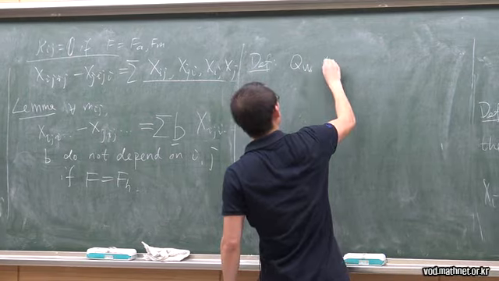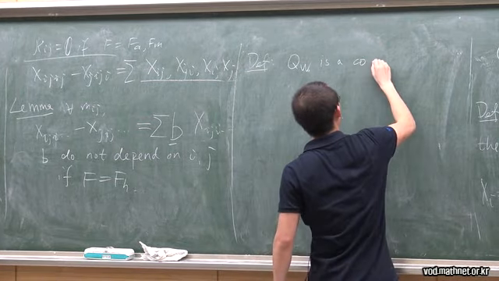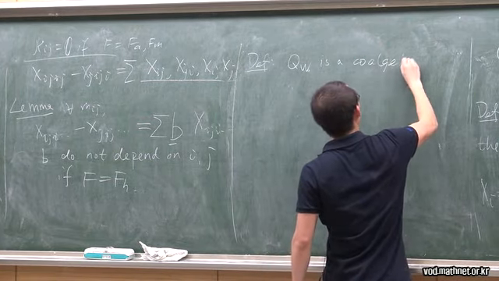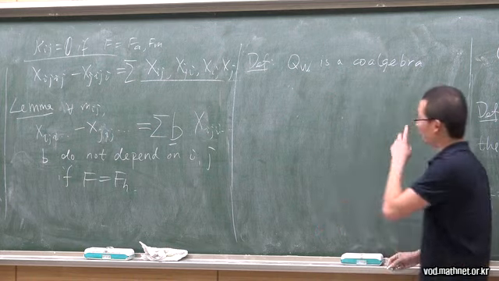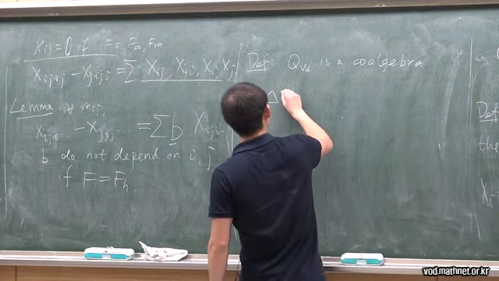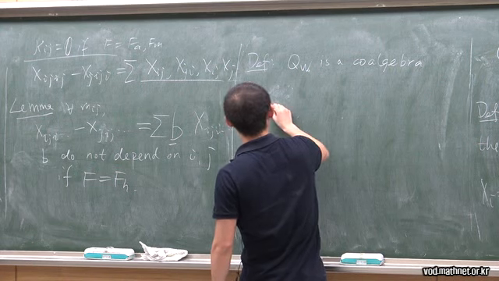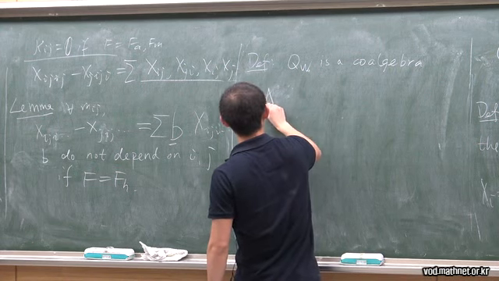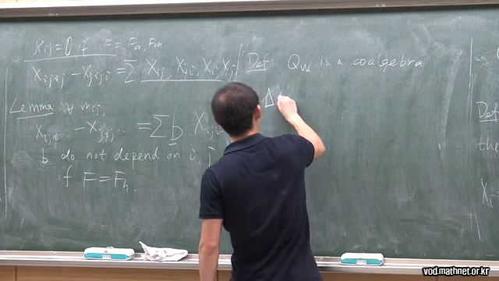QW is a coalgebra. In other words, we have to define a coproduct. Let me use this same triangle to denote the coproduct.